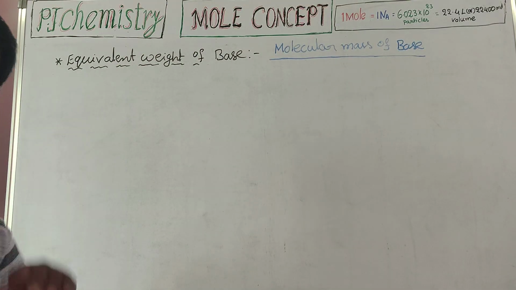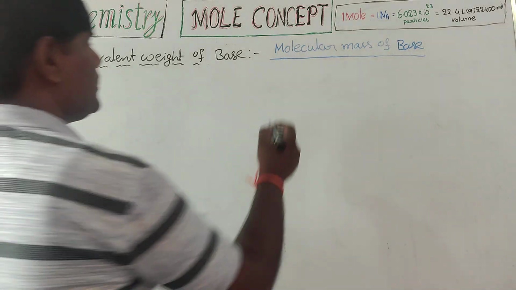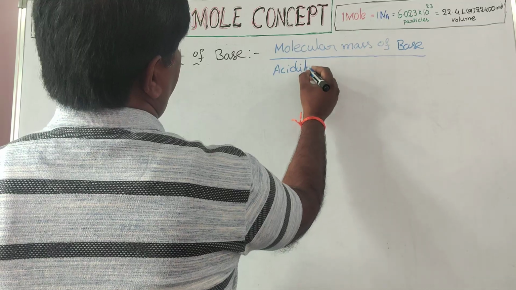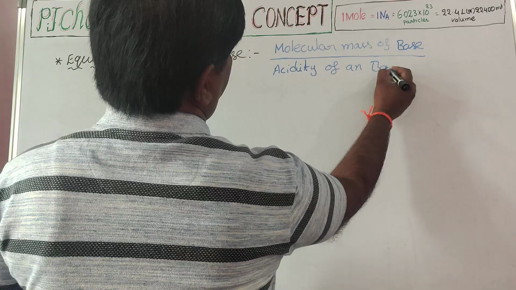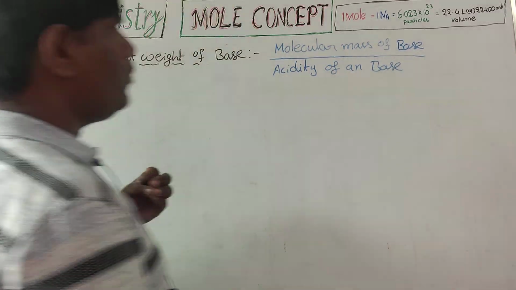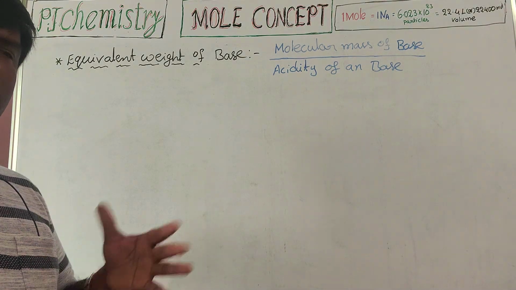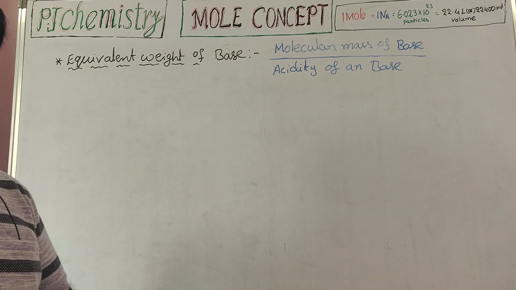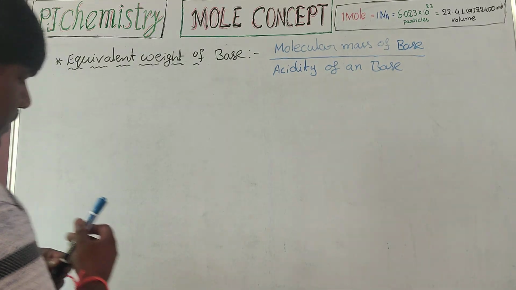In acid, we took the basicity of an acid; in base, the acidity of a base. It is easy to find the acidity from a base, because it is the number of replaceable hydroxyl ions. That is the acidity of a base.